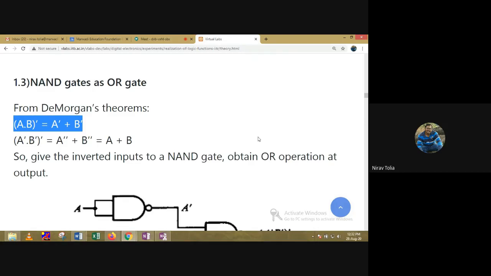(AB) bar is equal to A bar plus B bar: the complement of a product is equal to the sum of their individual complements. Now if we require A plus B, then we have to cancel out the bar. A bar indicates a NOT, so a double bar cancels out.